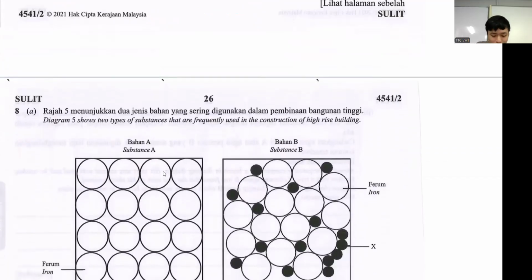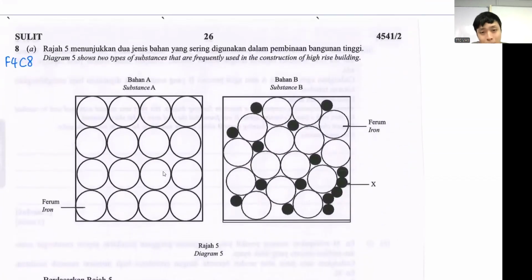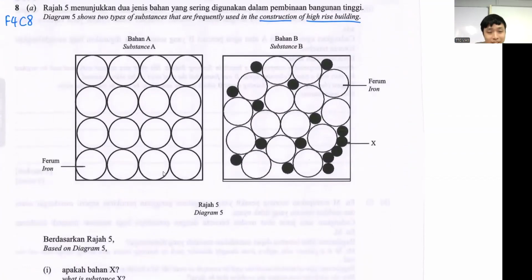Question 8. This one is from Form 4 chapter 8, about alloy. Diagram 5 shows two types of substances that are frequently used in the construction of high-rise buildings. Define A: only pure iron metal.